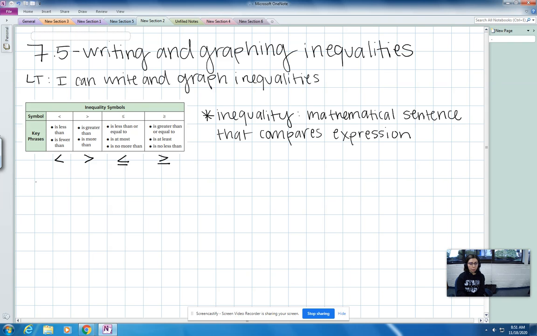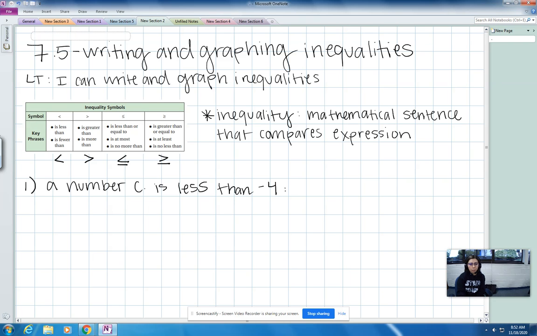So the first couple things we're going to do is writing inequalities. So it's going to be just like writing equations. We have a phrase, and then we're going to turn it into something using numbers, variables, symbols, etc. So our first one says a number C is less than -4.